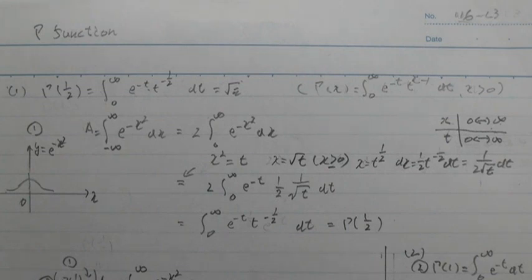Number 116, L3, gamma function. Part (1): gamma of 1/2 equals the integral from 0 to infinity of e^(-t) t^(-1/2) dt. This value equals root pi.